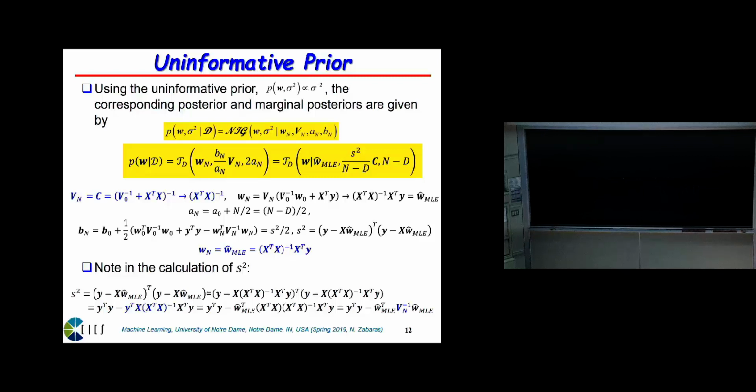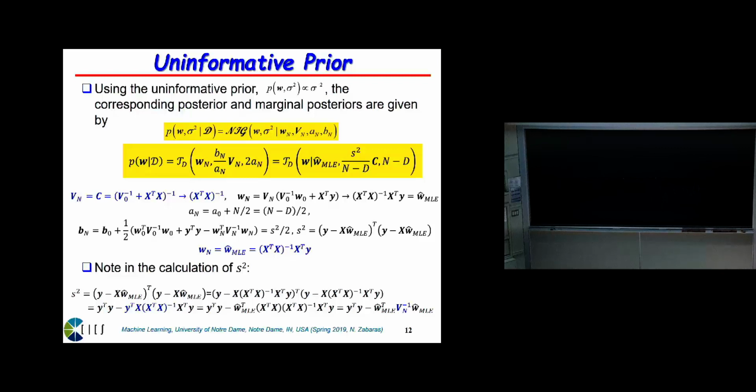So if you use that and you compute the posterior of W and sigma square using the derivations that you saw before, and then you compute the marginal posterior of W, you get this wonderful formula: the marginal posterior of W is a student t distribution centered around the MLE estimate of W, very easy to compute, and it has a variance that is S squared divided by n minus d.